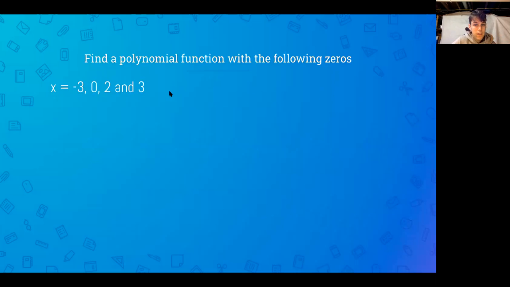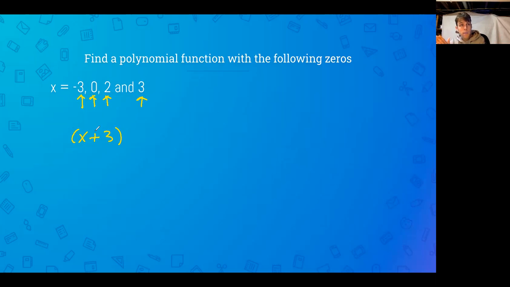So let's look at a polynomial with these zeros. This is just a bit of a review. These are all real numbers. Remember, each of these zeros represents a connection to a factor. x minus negative 3 is going to represent a factor of x plus 3, because if I plug a negative 3 in here, that's going to cause this to be 0.